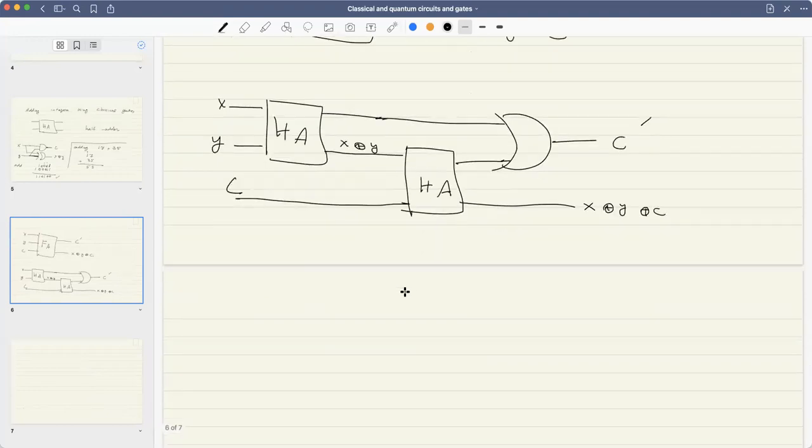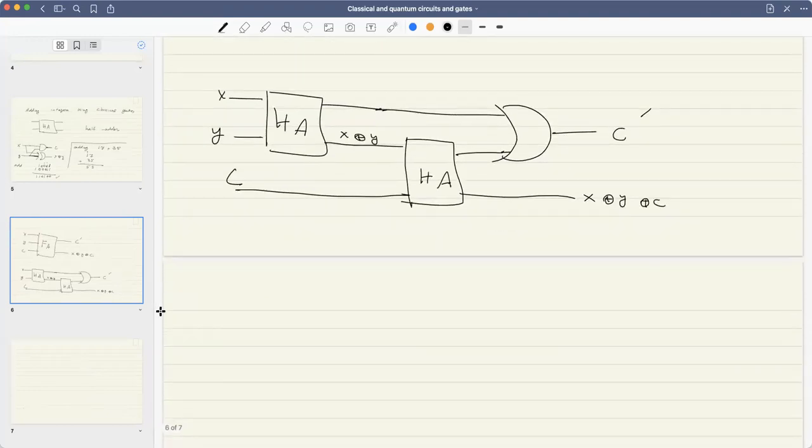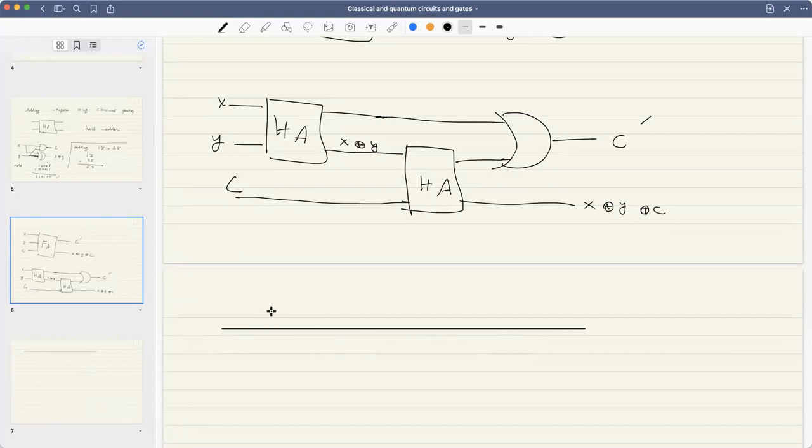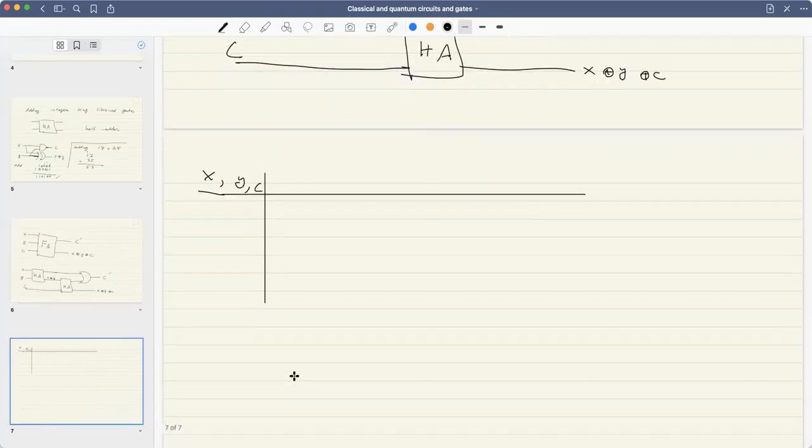So I can try to just draw a truth table. Let's do x, y, c. Okay, so I have 8 possibilities.